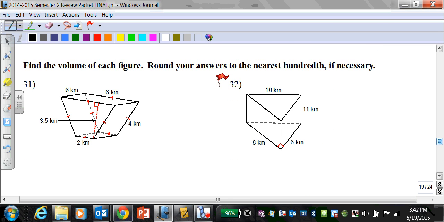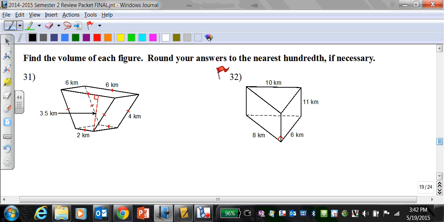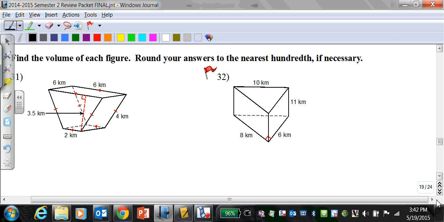Okay, taking a look at this one, it says find the volume of each figure, round your answers to the nearest hundredth. Well, there's 2 equations we learned for volume. Let's write both those out here in the margin, just so you have them. For prisms and cylinders, that's going to be area of the base times the height.